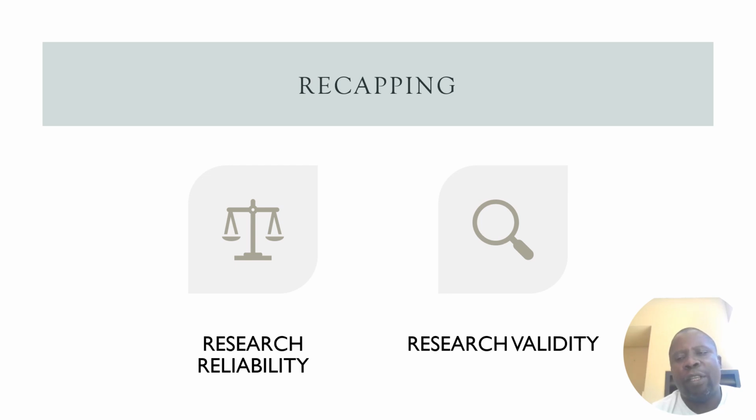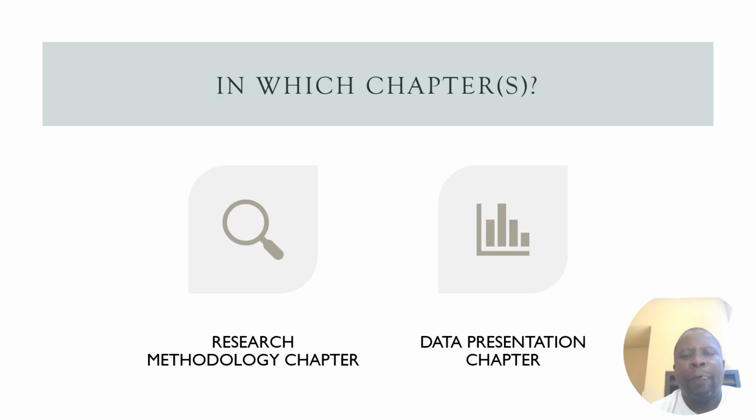If you have not listened to these videos, I recommend that you give yourself some time and listen to them. Research validity and research reliability are normally found in two chapters, where we expect you to address issues of reliability and validity in the methodology chapter and in the data presentation chapter.